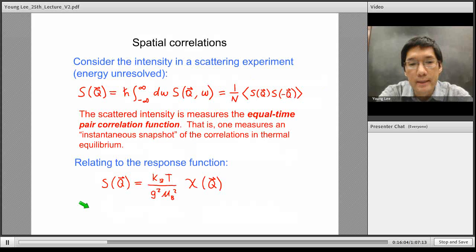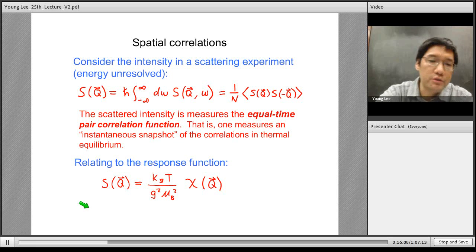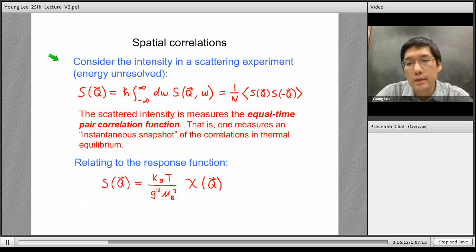Okay, so how do we get information on the spatial correlations? Again, in previous lectures, you've talked about how the neutron cross-section is related to the correlation functions.